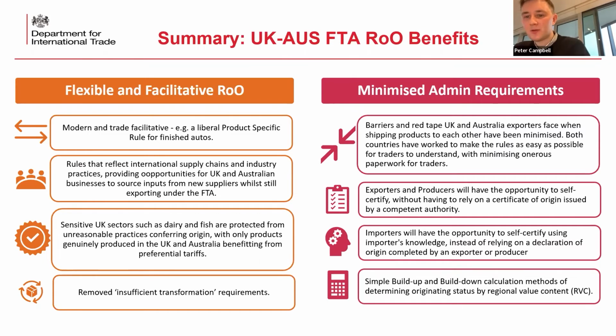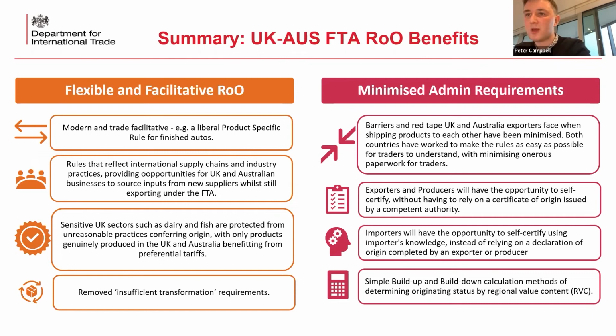Yep, thanks, Josh. I think one thing to note on the origin procedure section for UK Australia is the requirements are pretty straightforward, but they reflect as best as possible other modern FTAs, including the EU TCA and Japan. Where possible, both parties have been able to work together to increase the facilitations and reduce any admin burden, doing away with any unnecessary requirements.